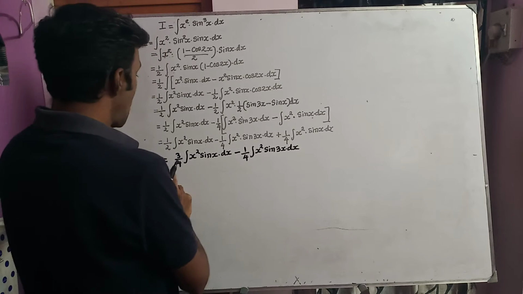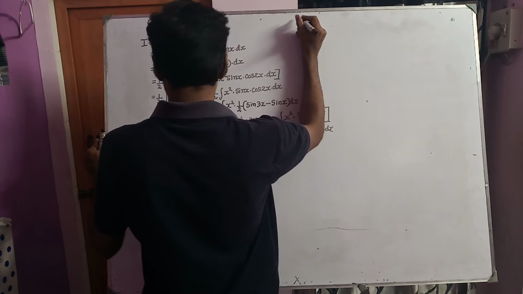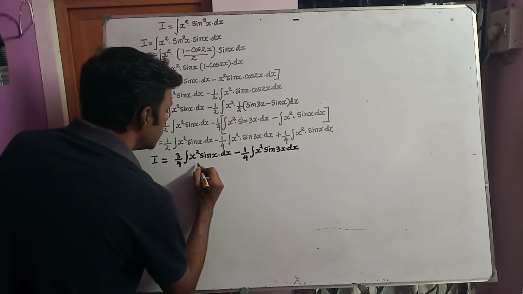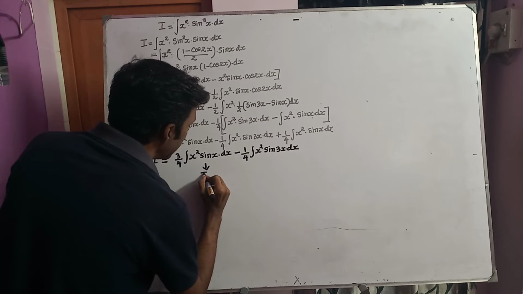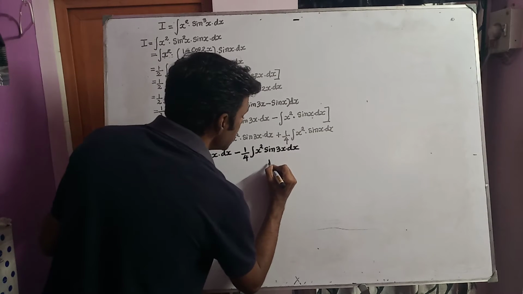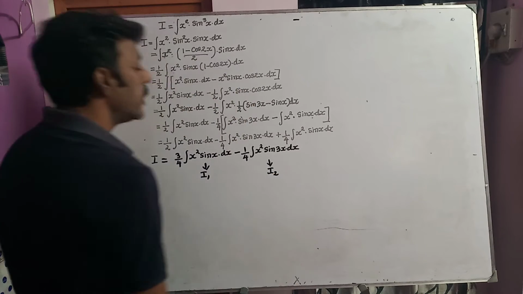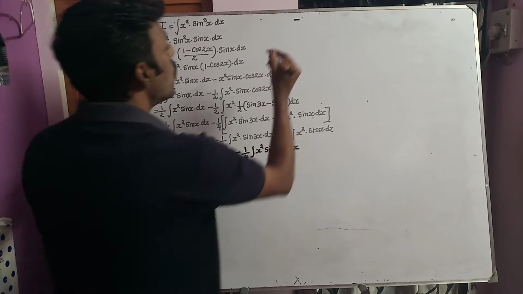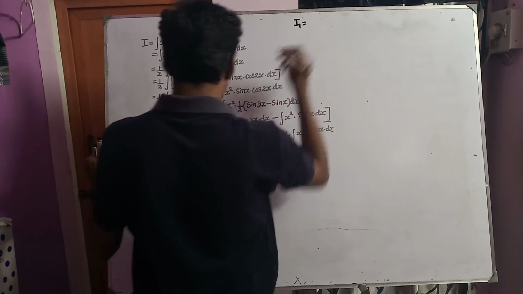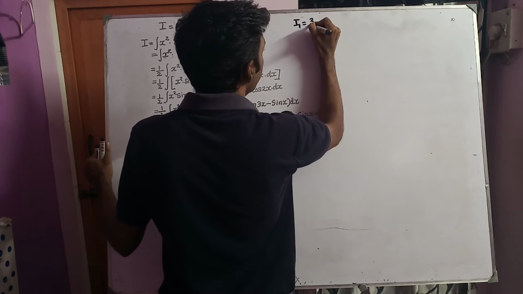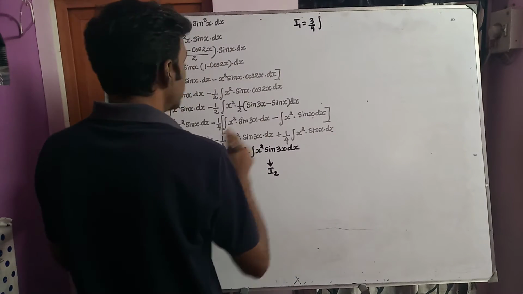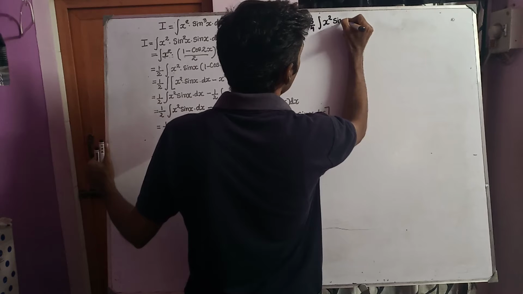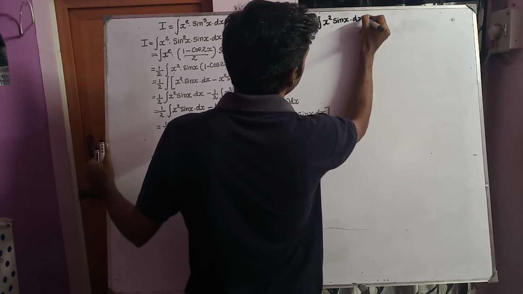Let us assume this integral will be I1 and this integral will be I2. I need to evaluate I1 and I2. So I1 will be 3 divided by 4 into integral of x squared into sine x into dx.